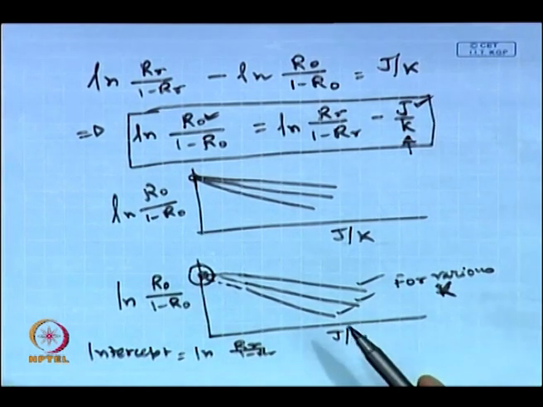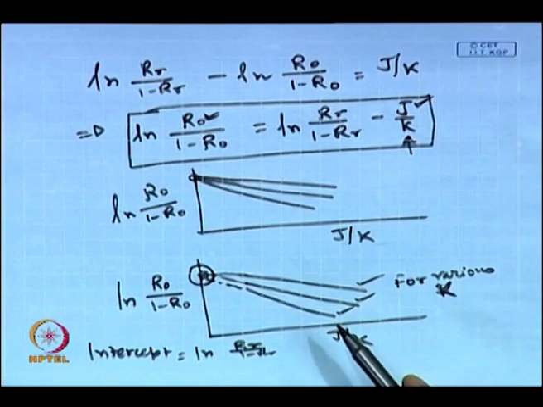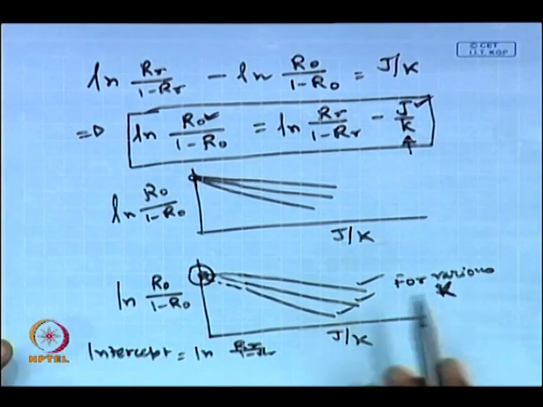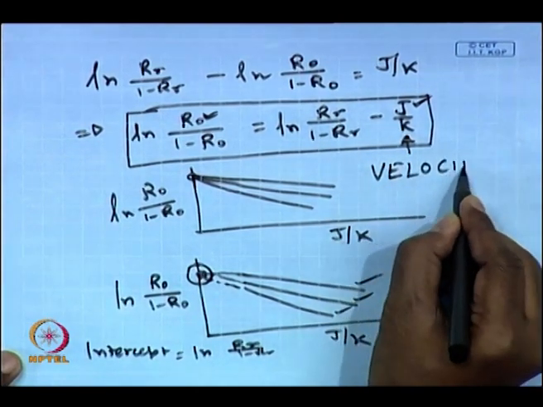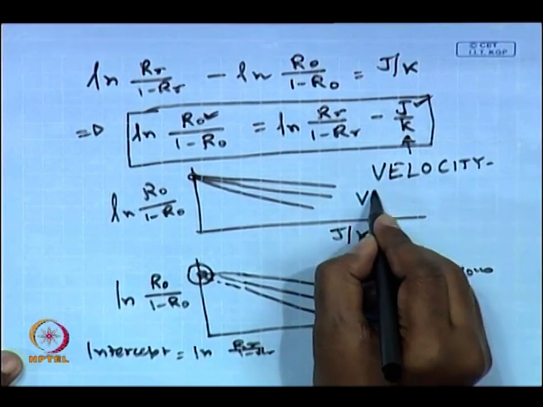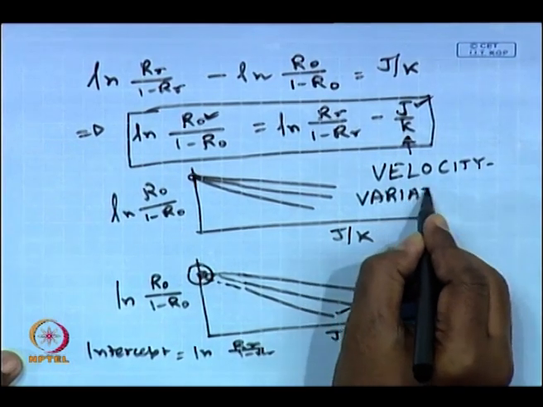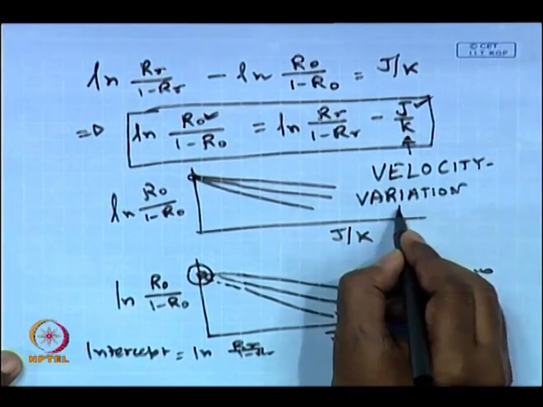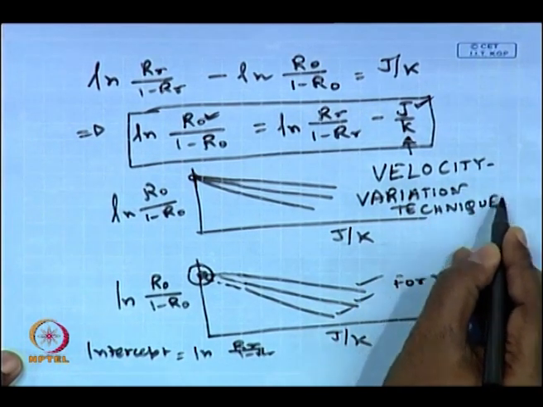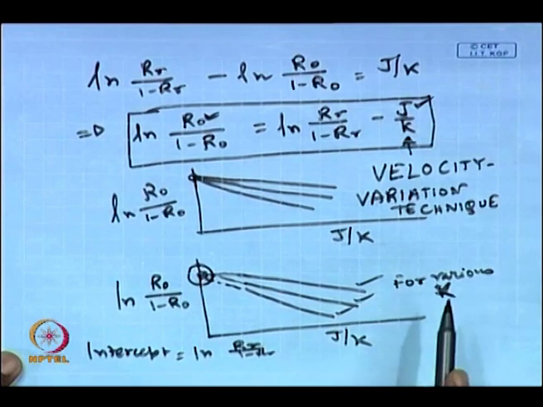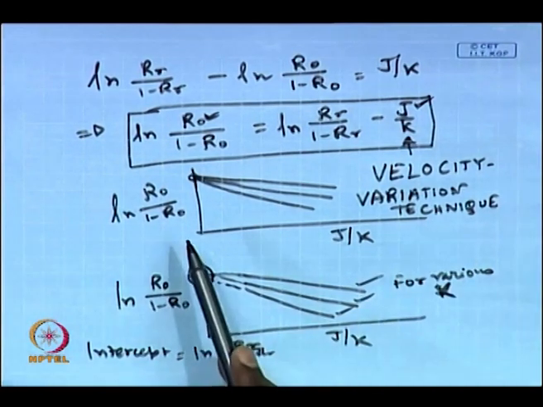Since this method depends on the variation of the cross flow velocity, it is known as the velocity variation technique.